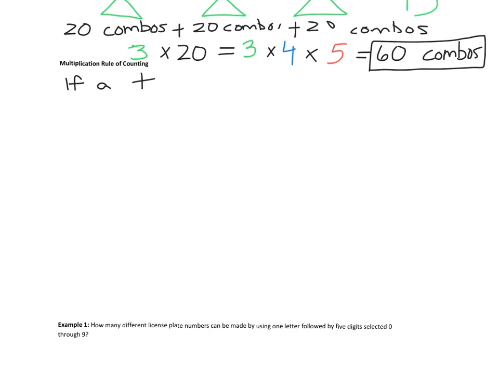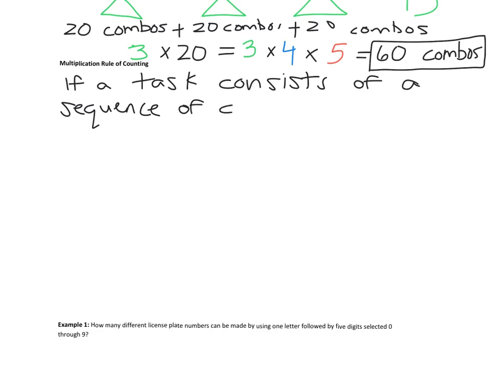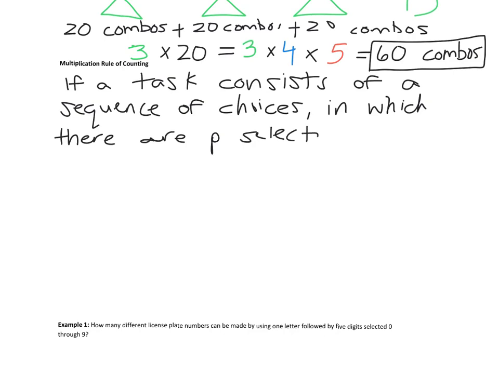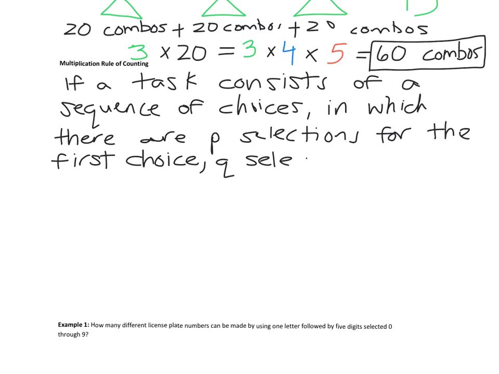If a task consists of a sequence of choices in which there are P selections for the first choice (so in this case, there were 4 selections for our first choice), Q selections for the second choice (in our case, we had 5 meals, 5 selections for the second choice).